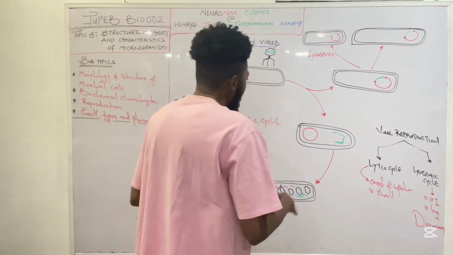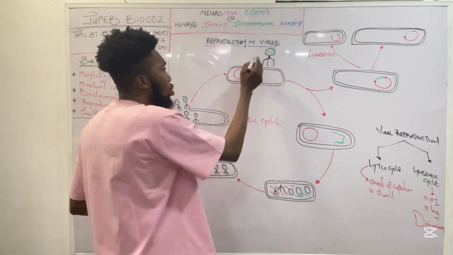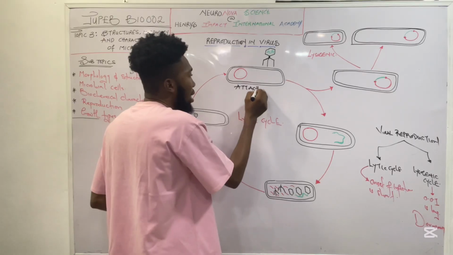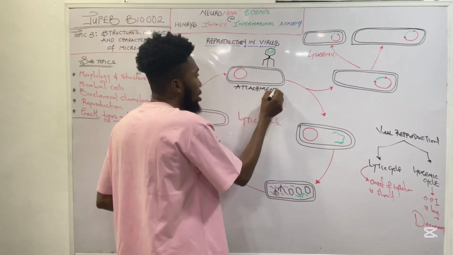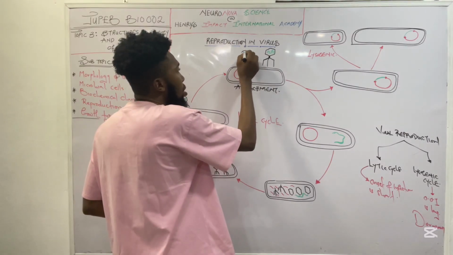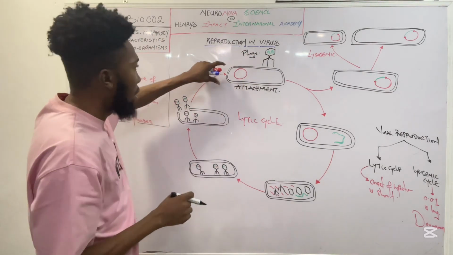So what is the step-by-step presentation of viral replication? The first thing you want to know is that there must be attachment. This guy here is called the phage, in this case a bacteriophage, because it's going to infect the bacteria.